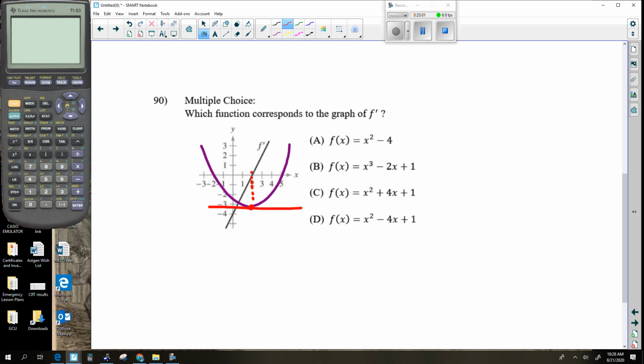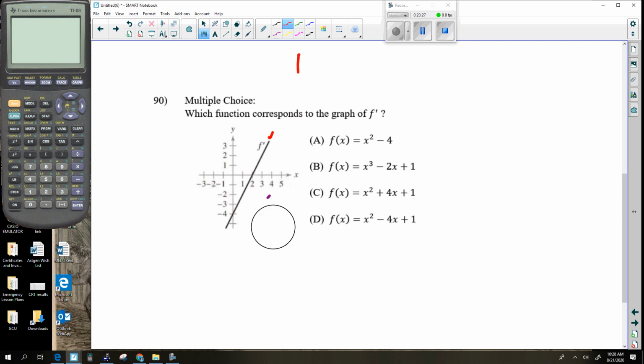To the right it's positive, and the positivity gets more and more positive, so the slope gets steeper and steeper. Same to the left, where the line gets more and more negative.